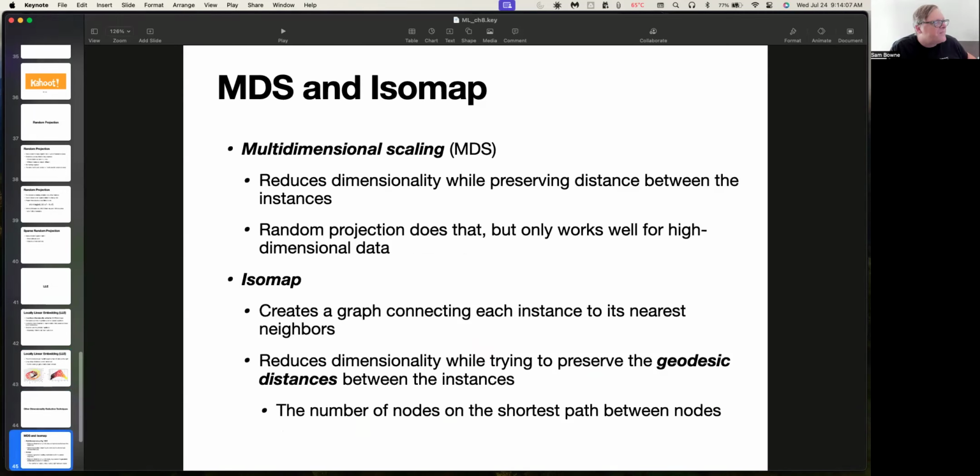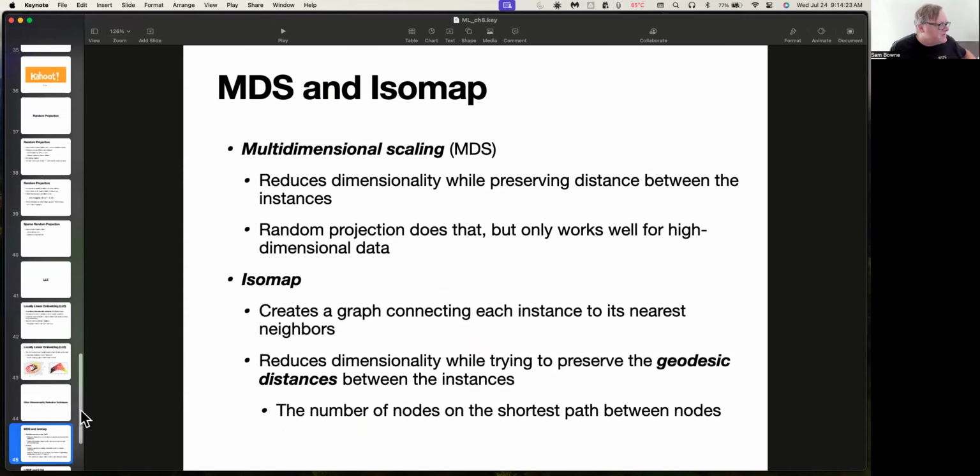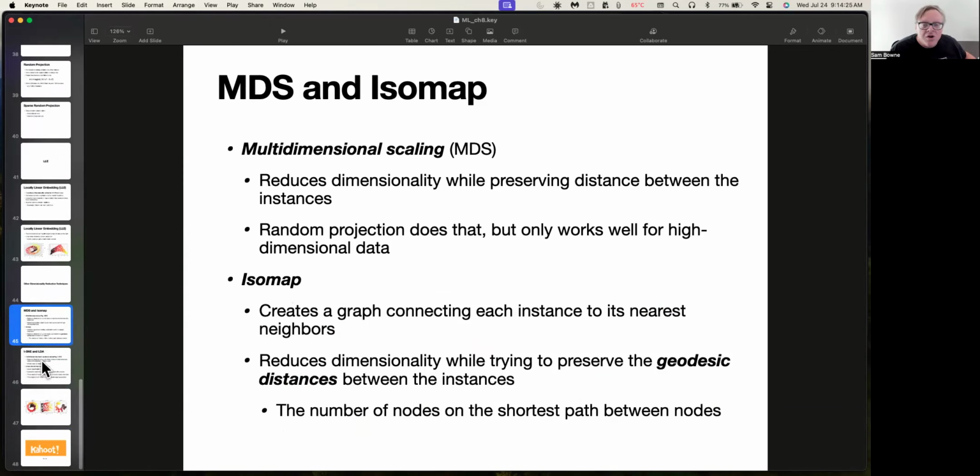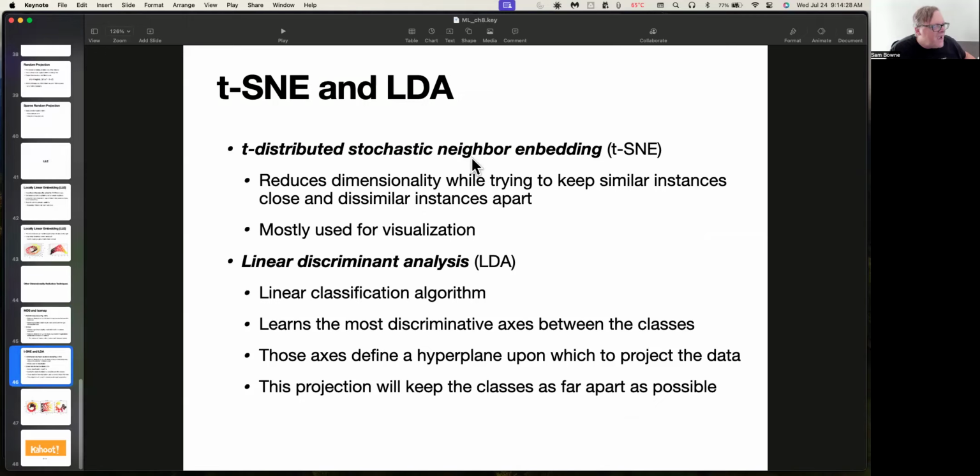There are other techniques. Multi-dimensional scaling reduces dimensionality while preserving distance, but you only keep the distance between instances. There's something called Isomap that tries to preserve something called the geodesic distance. There are just various different mathematical ways to lower dimensionality. There's t-distributed stochastic neighbor embedding, which tries to keep similar instances close and dissimilar instances apart, and something called linear discriminant analysis that defines a hyperplane and tries to preserve the distances.